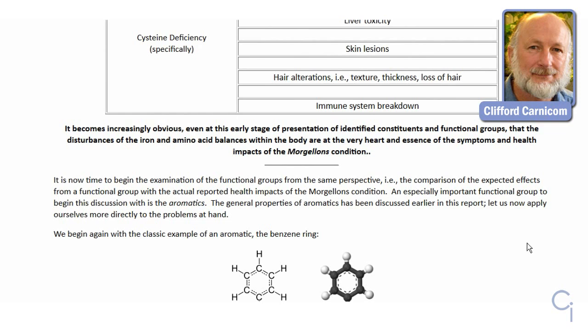Then I made a statement at the end of this, getting us only through the iron and amino acid stage of the work. It says, it becomes increasingly obvious, even at this early stage of presentation of identified constituents and functional groups, that the disturbances of the iron and amino acid balances within the body are at the very heart and essence of the symptoms and health impacts of the Morgellons condition.